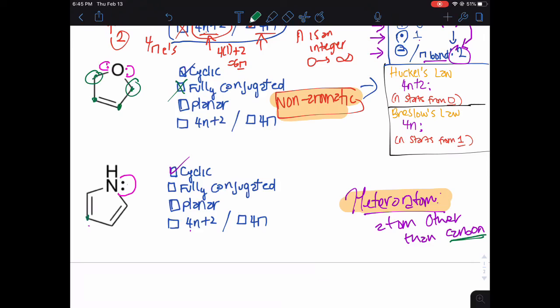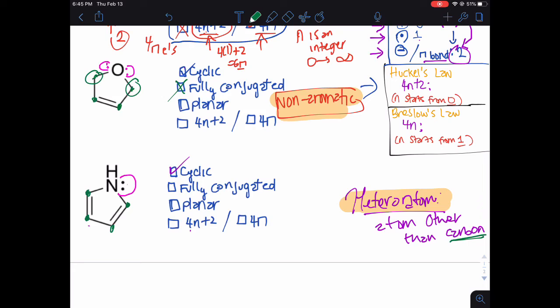There's a carbon here, there's a carbon here, there's a carbon here, and there's a carbon here. These 4 carbons are conjugated because they have pi bonds, right? And this nitrogen is conjugated. It has a lone pair.